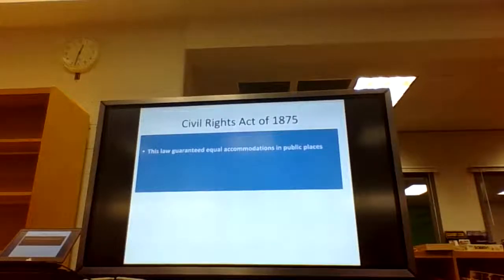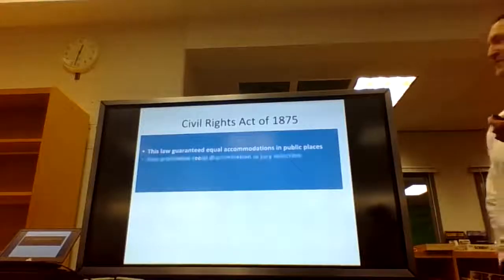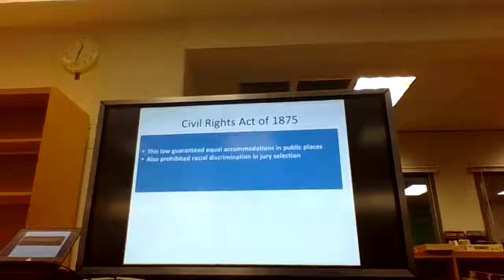Nobody. Nobody's there to enforce it. That's problem number one. It also outlawed all white juries. But clearly that happened, and it is because no one was there to enforce it. There's no presence to enforce it.